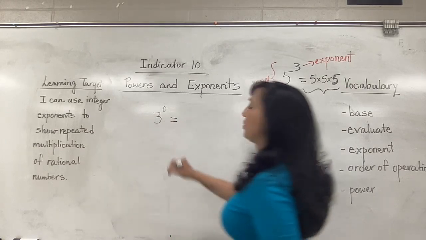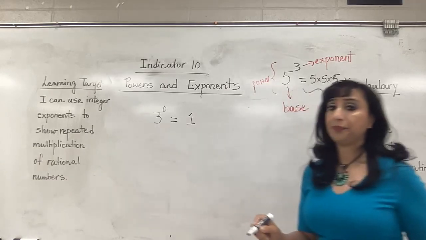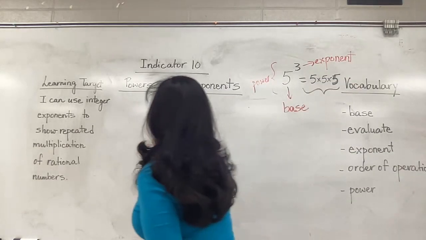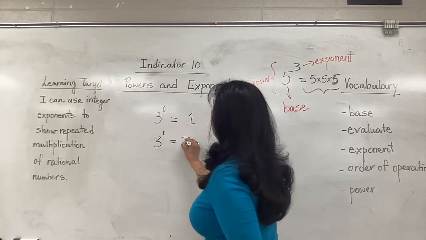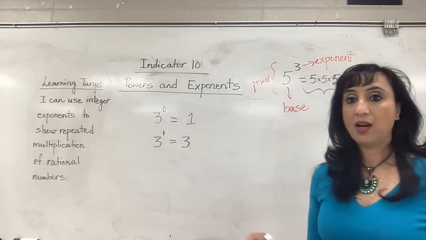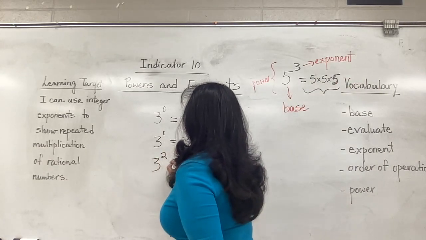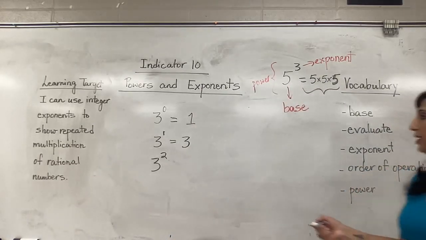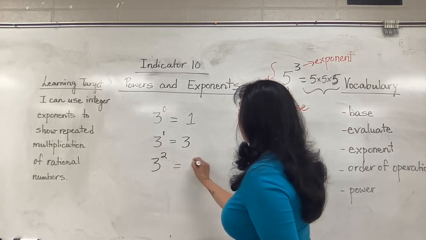Any number to the 0 power is going to be 1. Then 3 to the first power is going to be 3. And then 3 to the second power, we actually say 3 squared.